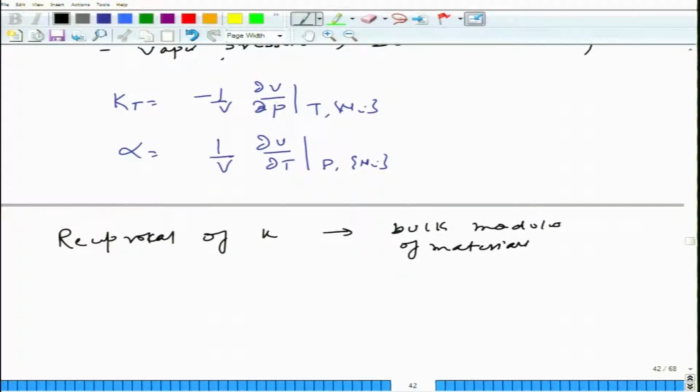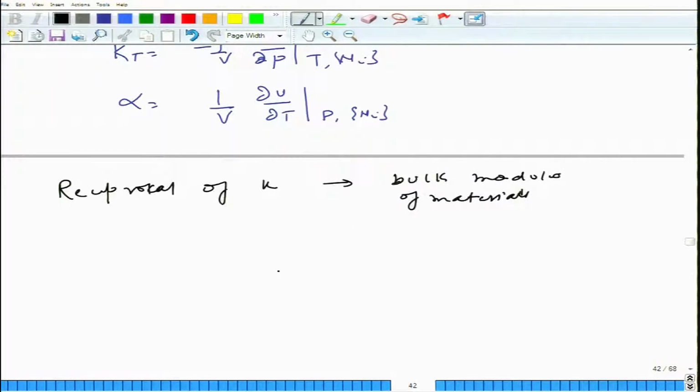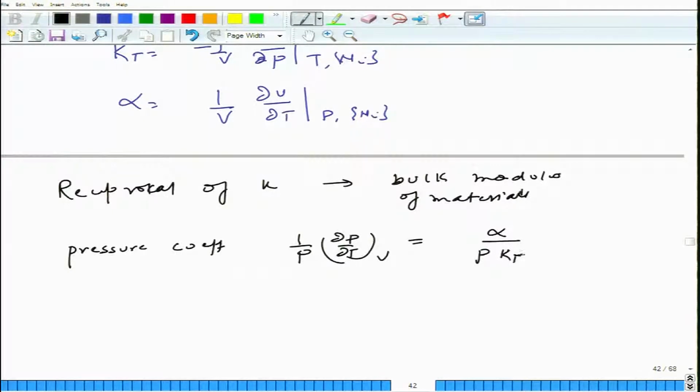You can show, similar to the way we did the expansion coefficient, that the pressure coefficient, which is 1 by P del P by del T at constant V, is nothing but alpha by P kT.